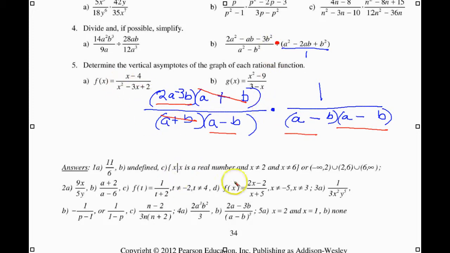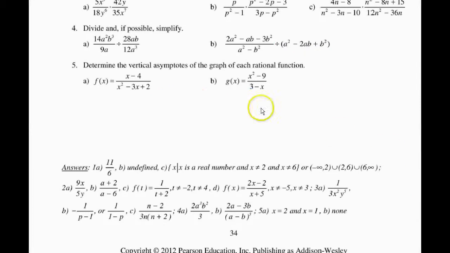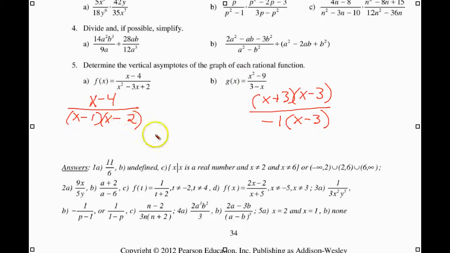Okay, now let's take a look at our asymptote that we have here. Now, here they're asking us to determine the vertical asymptotes of the graph. And basically, what that is to equate your denominator, and I'll show you this. Well, basically, to determine the vertical asymptotes, what you do is you factor your denominator. It's sort of like finding the domain.